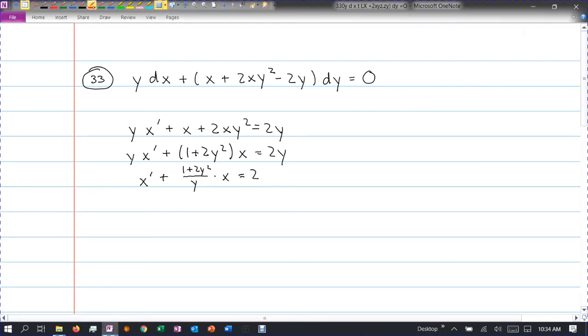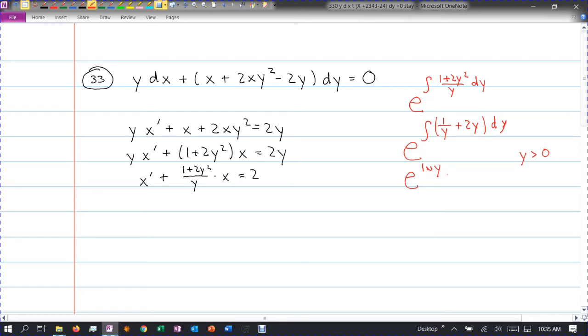Okay, integrating factor, so e to the integral of 1 plus 2y squared over y dy. That's going to be e to the integral of 1 over y plus 2y dy, just breaking that up into 2, which is e to the natural log of y. We're going to go ahead and get our domain y bigger than 0.